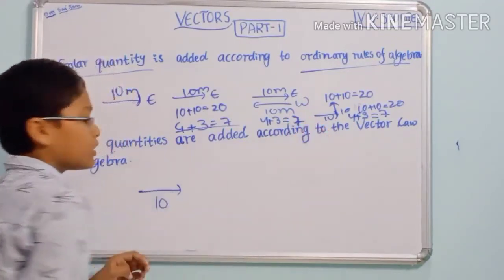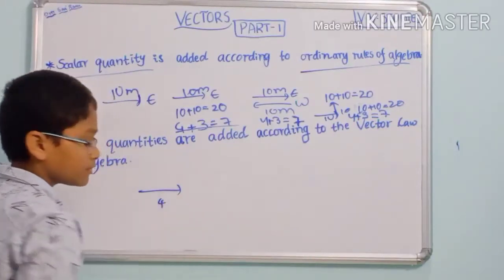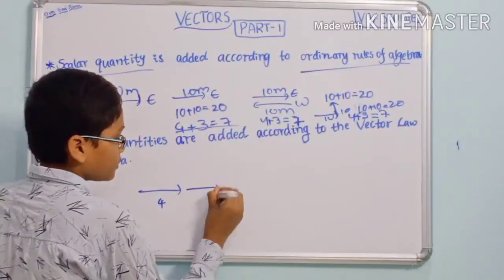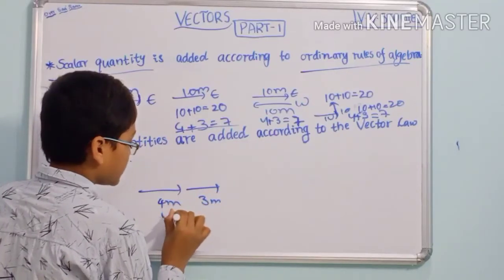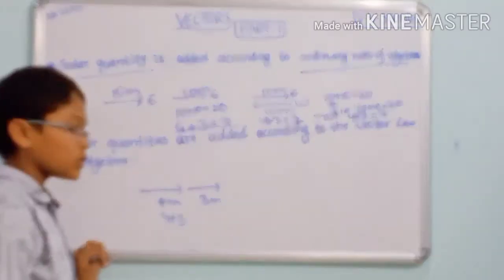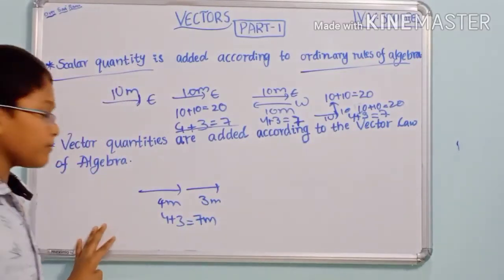Now coming to vector quantities. This is 4 meters. Again you travel 3 meters. Direction is the same, so add it. 4 plus 3, 7 meters. Okay.